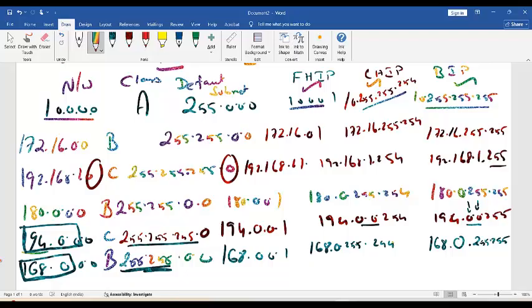Right now what you are seeing here is without subnetting. When you have a first IP, last IP, and broadcast IP for the network which is not subnetted, when you do subnetting, for each subnet there will be one first IP, one last IP, and one broadcast IP.